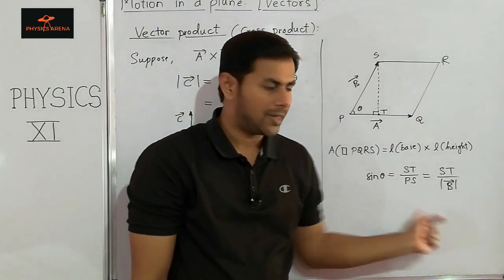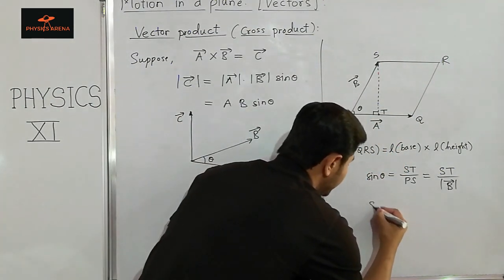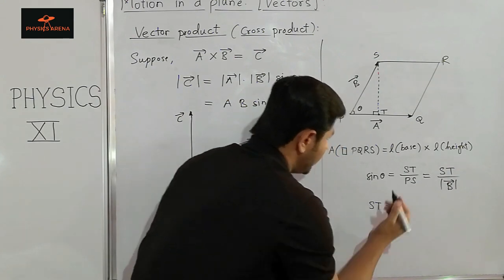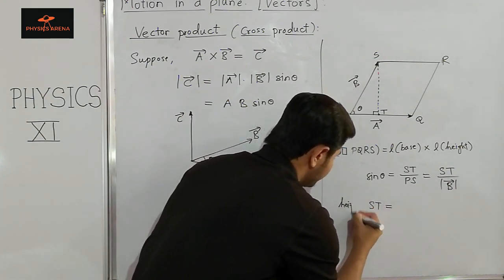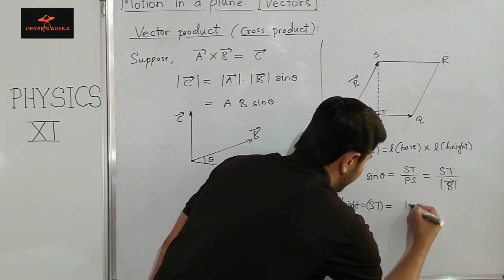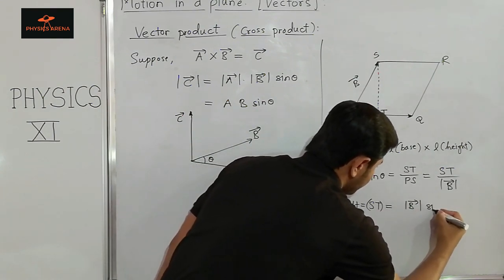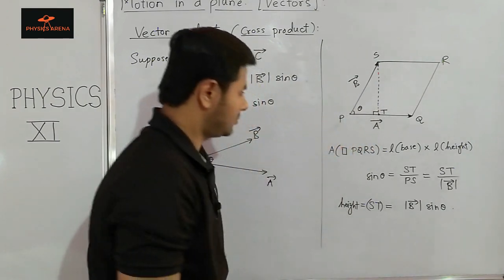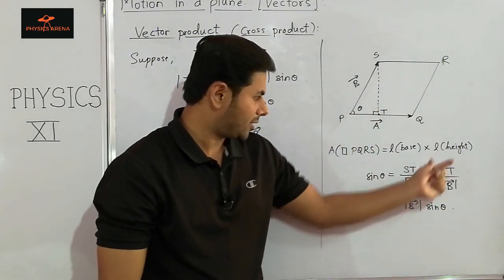Now I can take B bar on other side. So I get ST, which is height, and it is magnitude of B into sine theta. Now we can substitute it here.